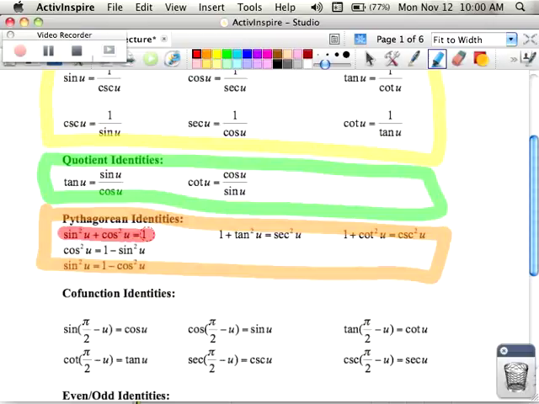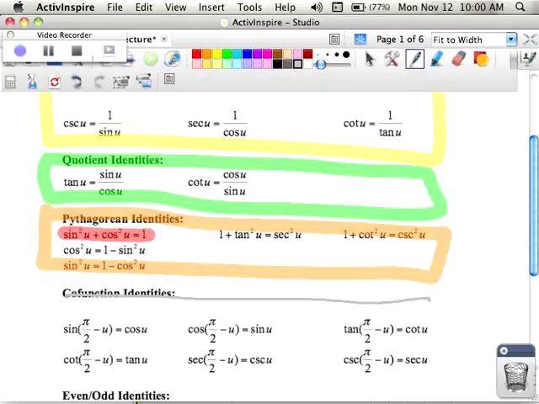The cofunction identities are somewhat important. However, we don't really spend a ton of time on this, because it's more of a shift of functions. We talked about how the sine and the cosine are out of phase by pi over 2.